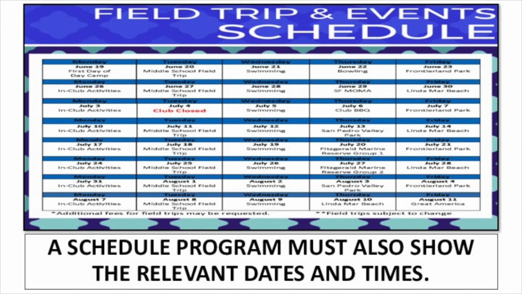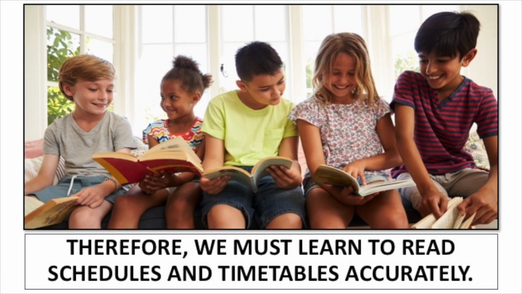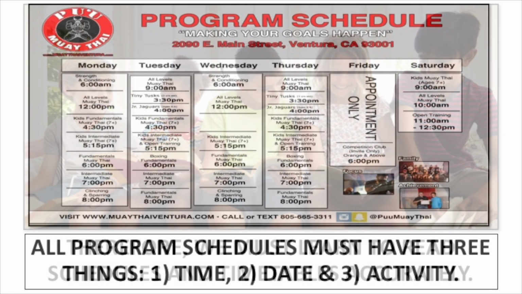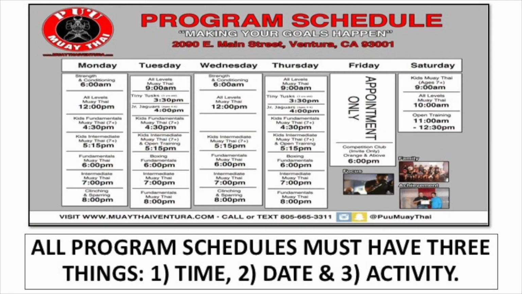Because if it's over different days, we need to know which day is what. Therefore, we must learn to read schedules, programs, and timetables accurately. Now, we already know how to read timetables. You do that already. But now, we're going to look at programs.